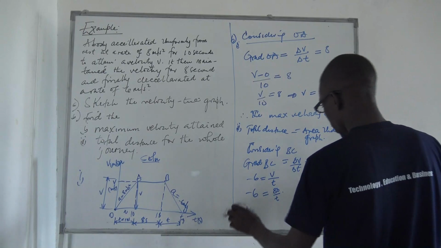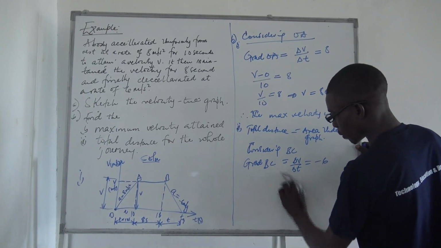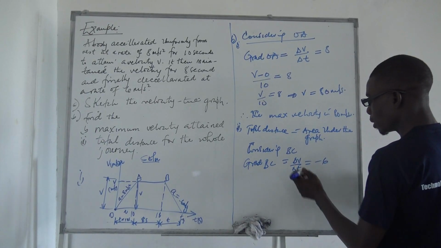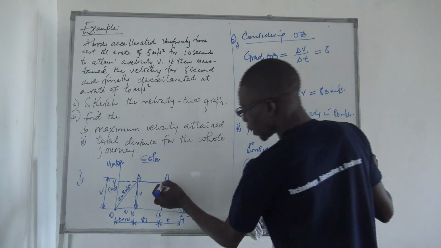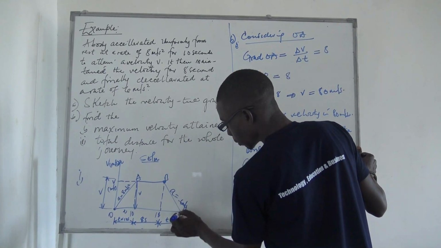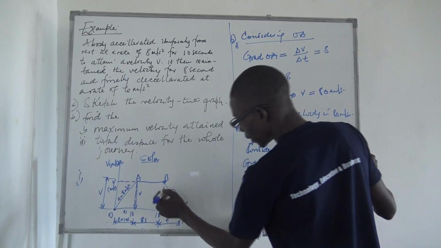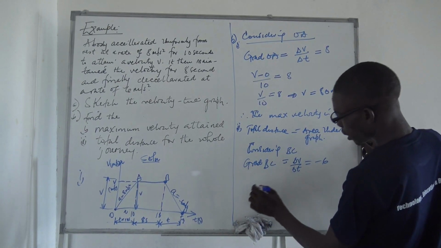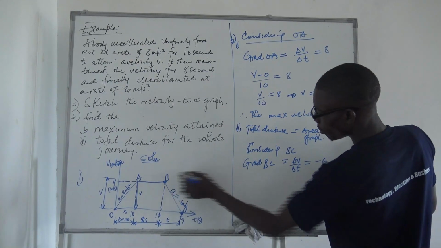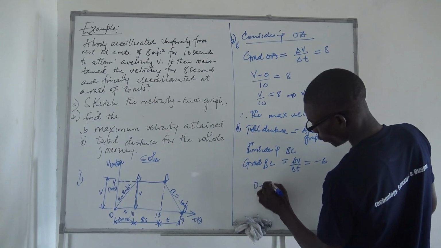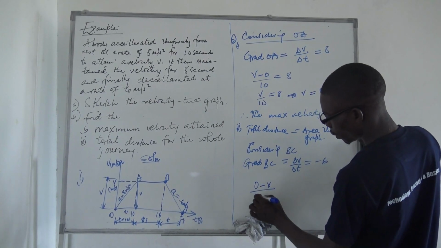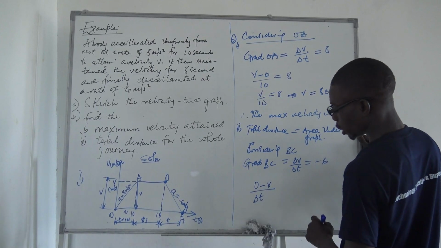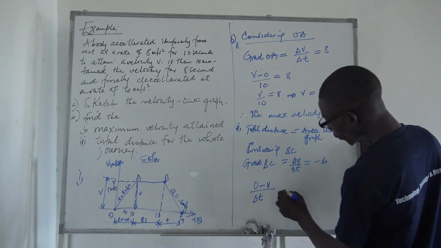Is that okay? There is a problem here. Wait. Grad BC is changing that. So that means if a body moves from here up to here, finally here, the change here would be equal to 0 minus that value, V, out of change in T. Is that okay?